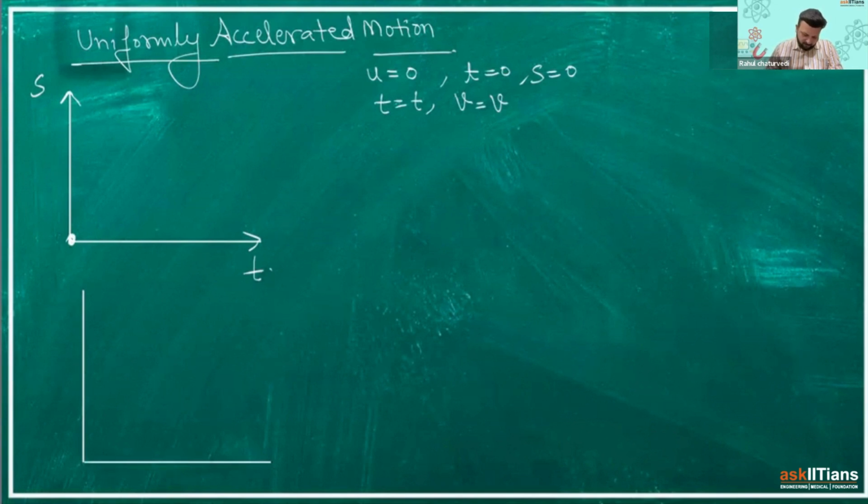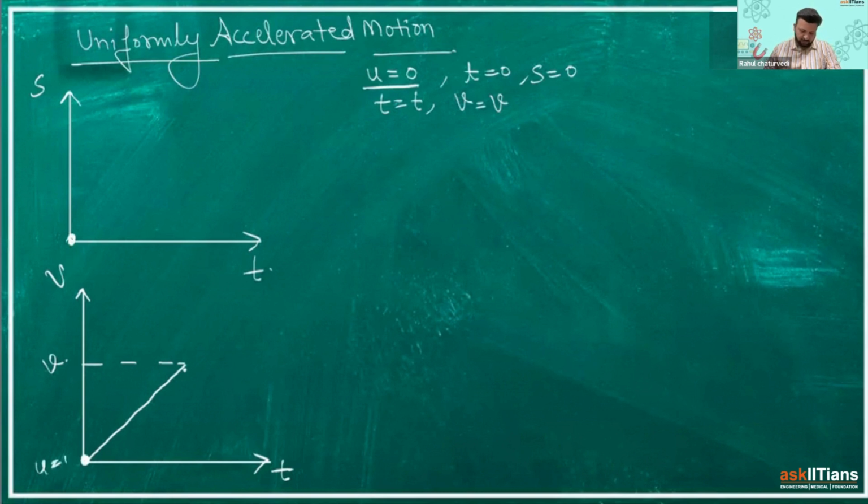So let's first see the case of the velocity time graph. For the velocity time graph, the initial velocity at t equal to 0 we have considered as u equal to 0. So the initial velocity is this one, right? And the final velocity is increasing, having some value here. Since this is a case of uniformly accelerated motion, the slope of the VT graph gives you acceleration. This line is making some angle with the horizontal, right?